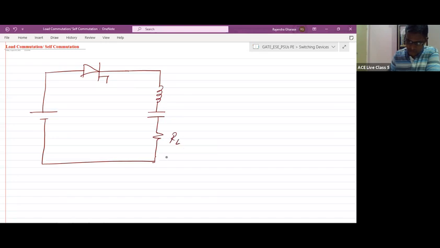This is a load resistor. And here L and C. This is a thyristor T. This is a VDC, let me write it as VS.